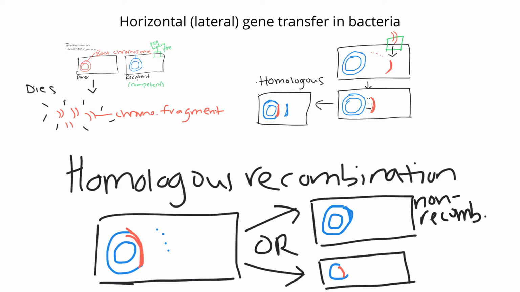Is used to repair, and so you'll get a cell with that new DNA sequence, and it may carry a different gene, and so we would call this a recombinant bacterium. And that's the one that would now have different alleles in different combinations and/or potentially completely different genes. And so obviously now the bacteria is genetically different than what it started with, which is what we call genetic variation.